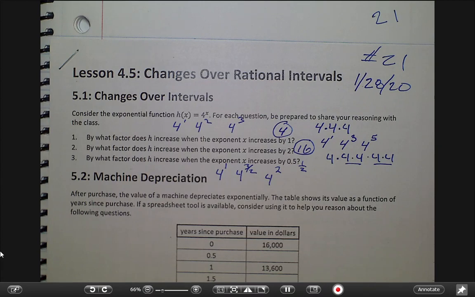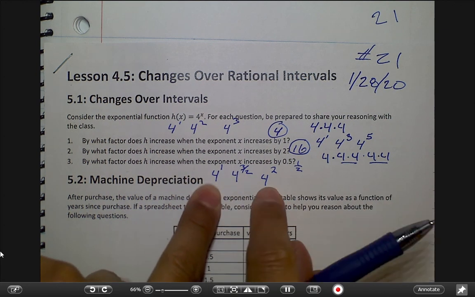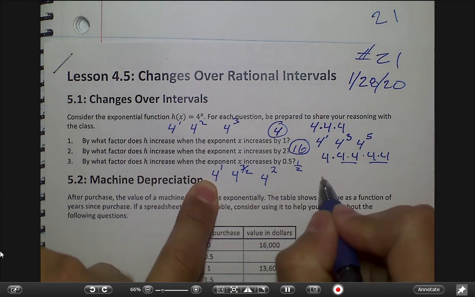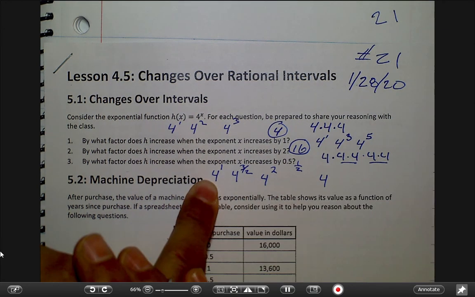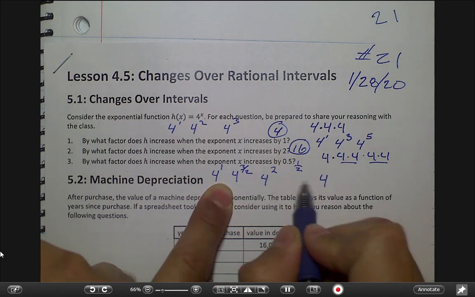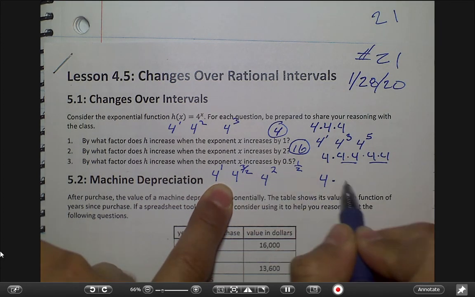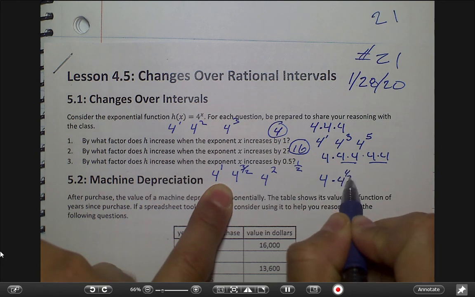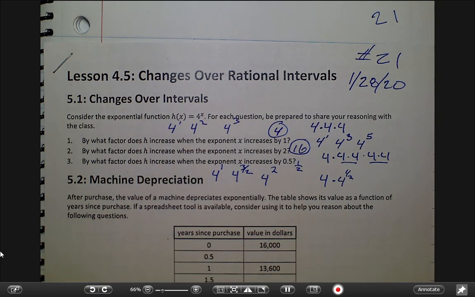So now, to do that same thing, I know right here I have 4 for my first one. But now I'm adding 4 to the 1/2, or multiplying by 4 to the 1/2. What is 4 to the 1/2? What's the square root of 4? 2.